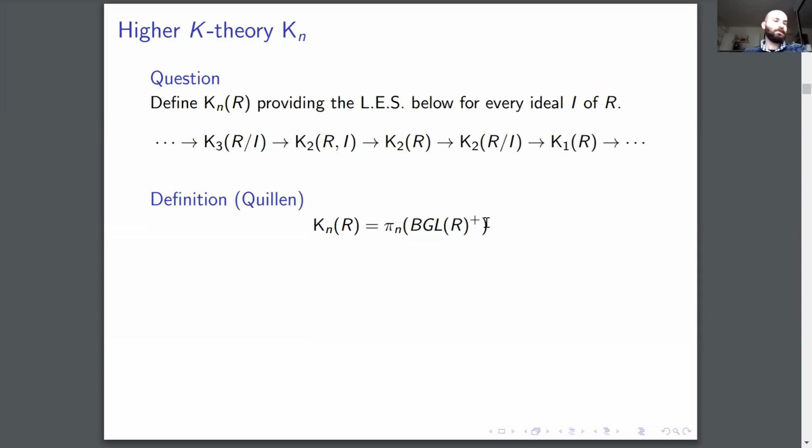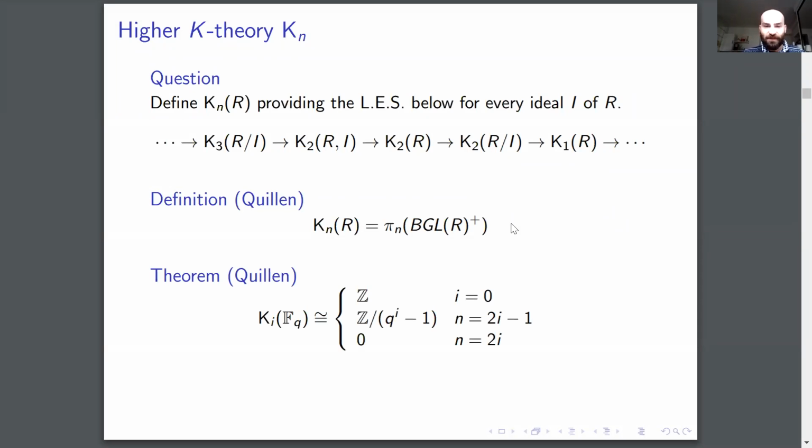This plus construction is also by Quillen; he defines it for the purpose of defining K-theory. The plus construction does something interesting: it kills a maximal perfect subgroup of pi1 while keeping homology the same. So it's an interesting construction, and Quillen gives this definition.